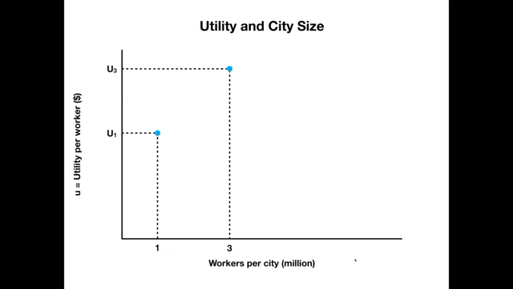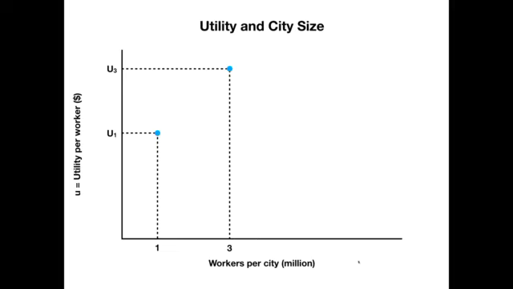For example, it has more employers. We could see the effect of having a clustering of industries where costs are decreasing per unit, and that gets passed on to consumers, the workers themselves, in the form of lower prices. There might be a greater diversity of entertainment available as the city gets larger and larger.